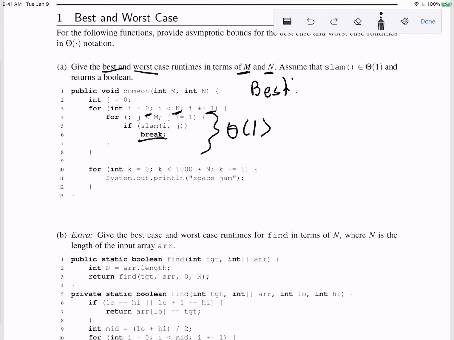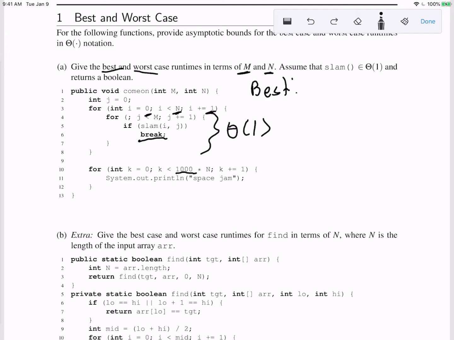What about the bottom part? Well, we're starting at k equals 0, k is less than 1,000 n, and k is increasing by 1. So maybe you're tempted to write that in the best case, it's theta of the n we got from the top plus the 1,000 n that we got on the bottom. That would be incorrect because that's not the simplest form. Remember, in theta bounds, we don't care about any coefficients.